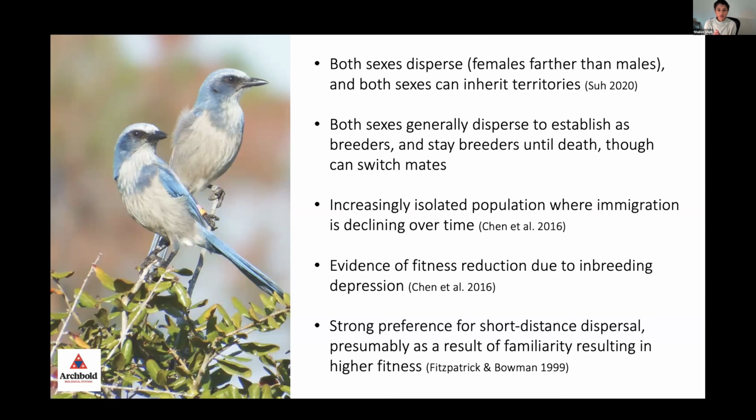And we also know from careful behavioral ecology studies, such as Fitz and Reed's in 1999, that there's a strong preference for short-distance dispersal in both sexes, presumably as a result of higher fitness due to familiarity with the environment when individuals don't disperse too far from their natal territories.